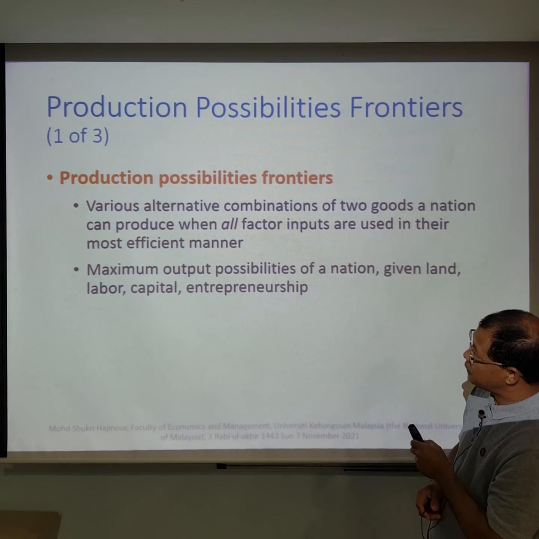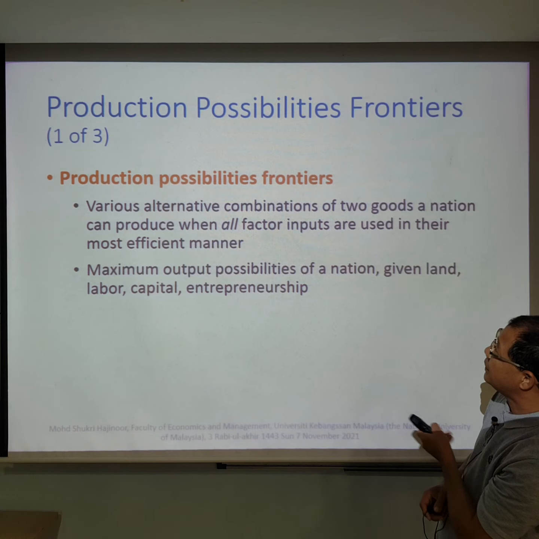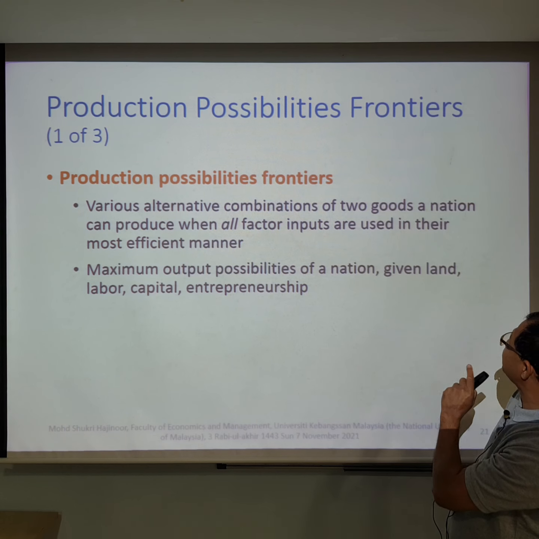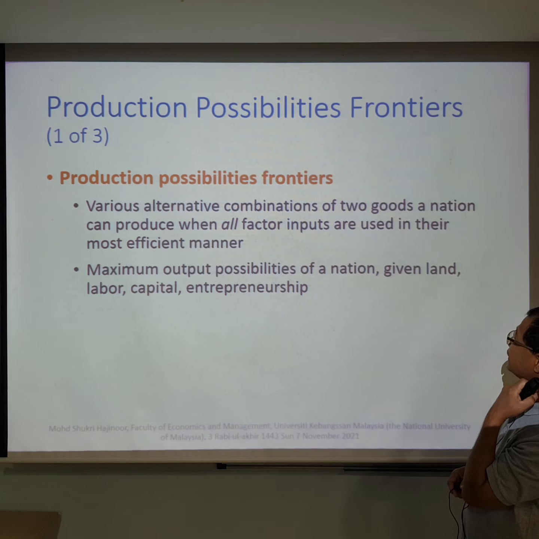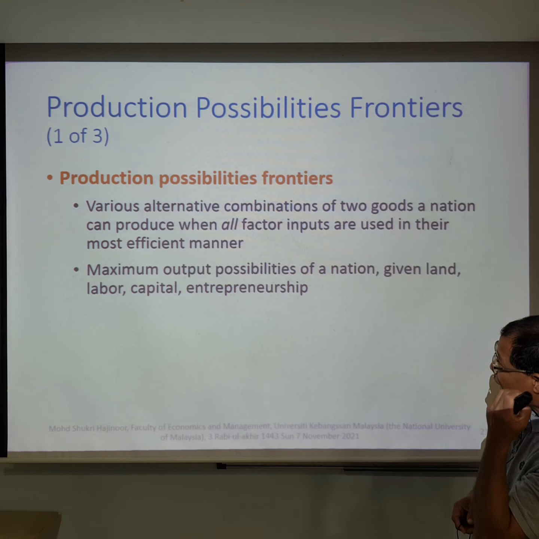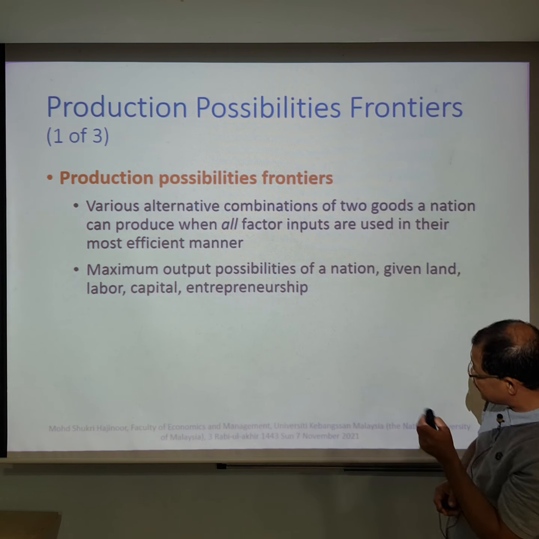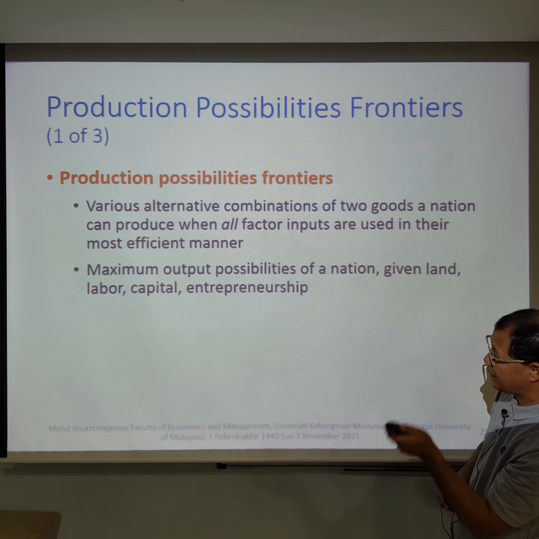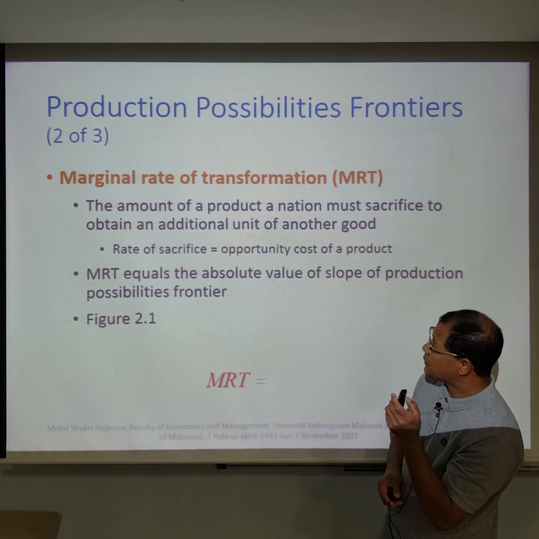So, production possibility frontiers: that line shows various alternative combinations of two goods that a nation can produce when all factor inputs are used. It is the maximum possible given land, capital, and so on.